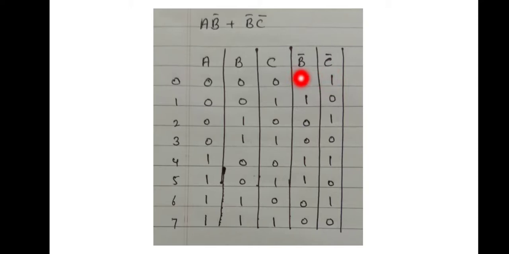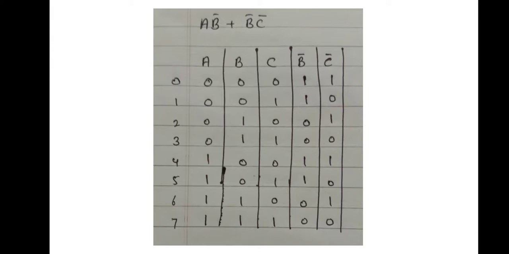B naught is the opposite of B. If the B column contains 0, B naught will contain 1. If it contains 1, B naught will contain 0. In a similar way we create C naught. If the C column contains 0, C naught will contain 1, and if it contains 1, C naught will contain 0. So we have created the complement columns also.